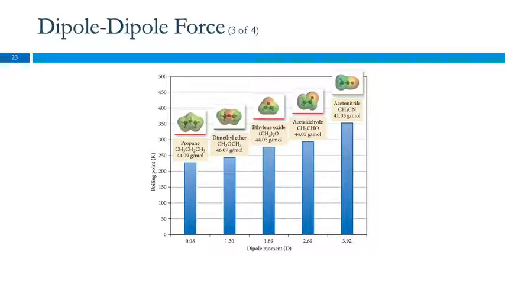Here's a comparison of boiling point with dipole moment. We talked about how dipole moment is the magnitude of the dipole in a polar molecule. It's measured in debyes, and we said we're not going to worry about it too much, but it can be measured, right? So here we have compounds of similar size, so their molar masses are pretty similar.